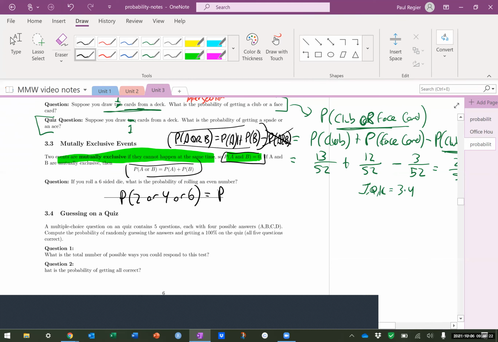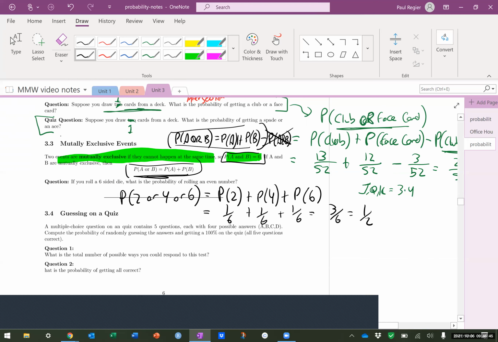That's the same as saying the probability of 2 plus the probability of 4 plus the probability of 6. We're applying this rule for 3 events now. Since you can't get a 2 and a 4 at the same time, or 4 and a 6 at the same time, we can just add the probabilities. So that's 1 out of 6 plus 1 out of 6 plus 1 out of 6. So 3 out of 6 or 1/2.